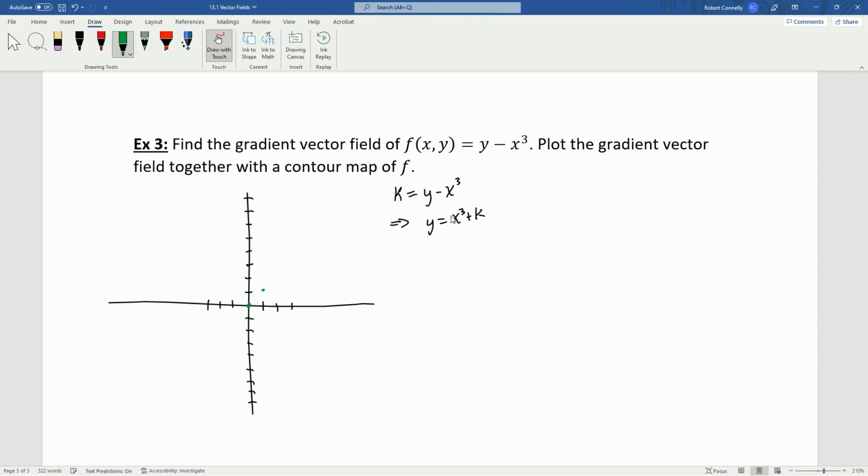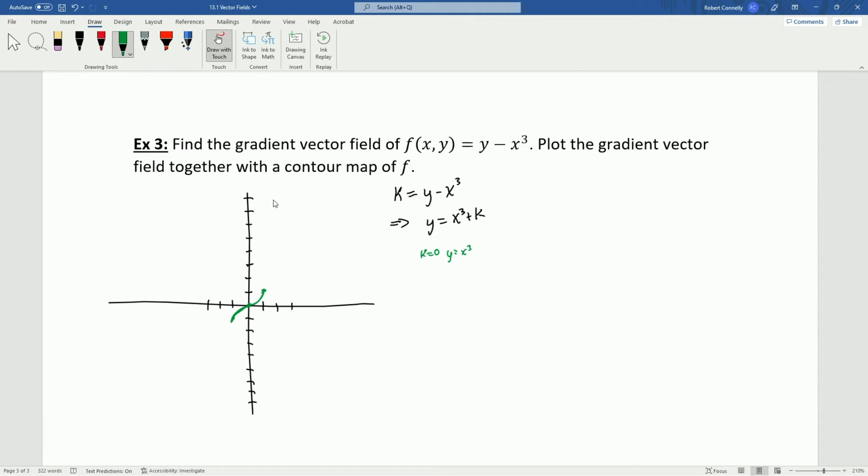Okay, so if we take k equal to 0, so y equals x cubed, we get 1, 1, and negative 1, negative 1. And the graph kind of sharply curves upwards. It starts out kind of level and then curves sharply.